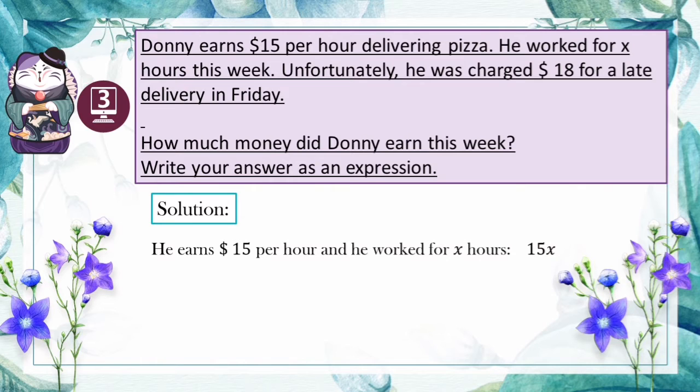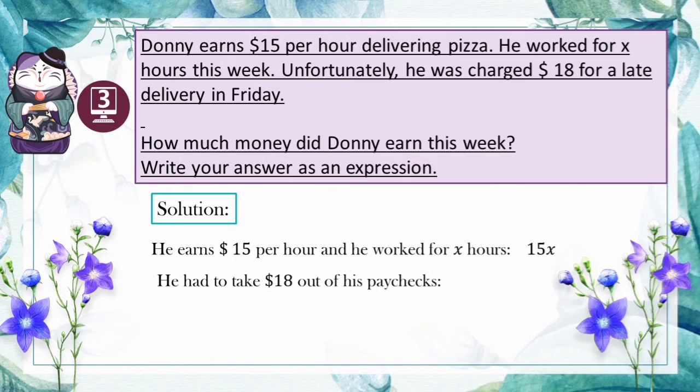He got $15 per hour times x hours. So that's how much he would have made, except for the fact that he was charged for a late delivery. So he had to take $18 out of his paycheck.